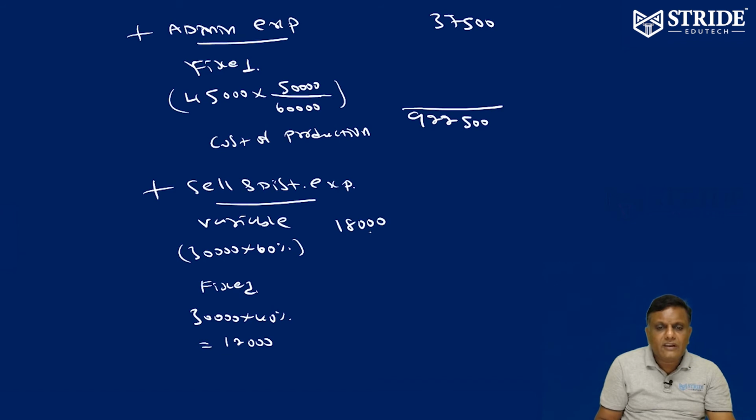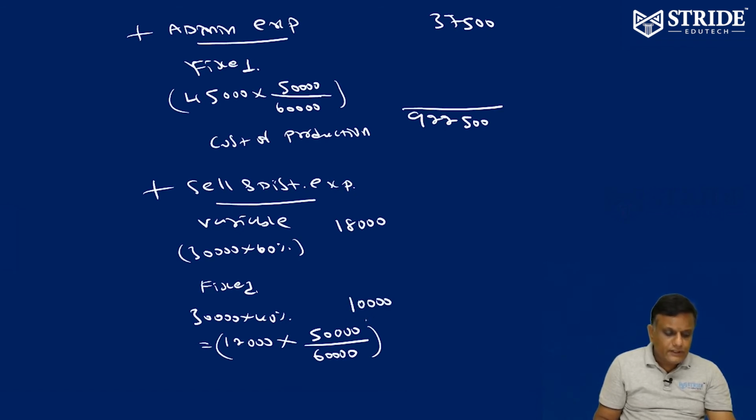The fixed part is given for 60,000 units, but we have to convert into 50,000 units. So 12,000 into 50,000 by 60,000 is equivalent to 10,000. So 18,000 plus 10,000 is 28,000.